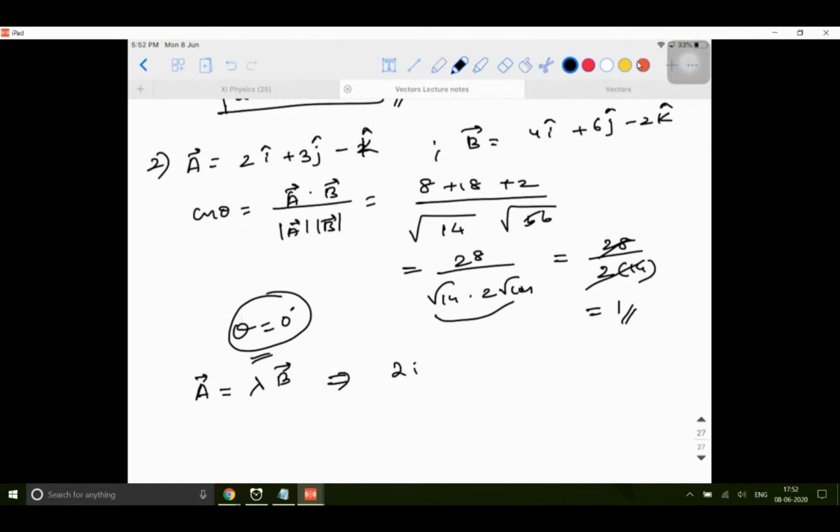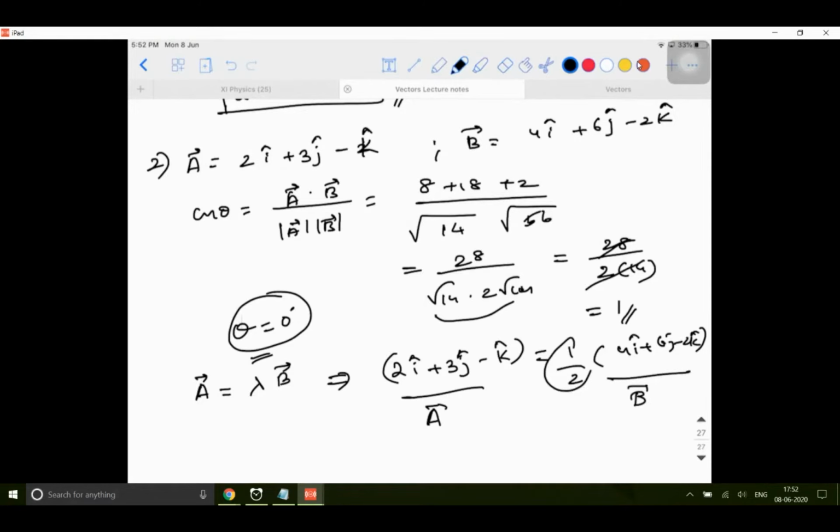If I see a vector 2i cap plus 3j cap minus k cap is equal to 1 by 2 times 4i cap plus 6j cap minus 2k cap, can I write it like this? So this whole thing is A vector, this whole thing is B vector, and this is the value of lambda. Since A vector is equal to lambda times B vector, we can directly say that the angle between them is 0 degrees.